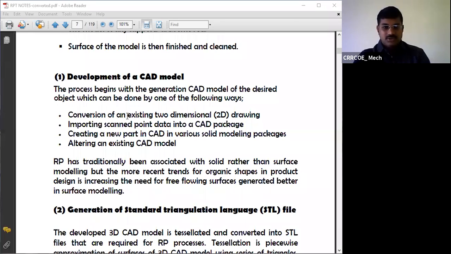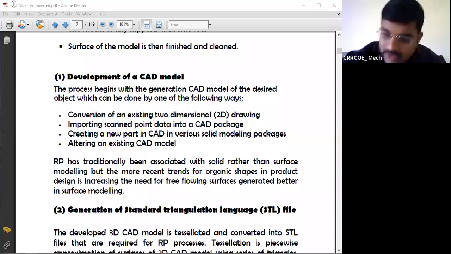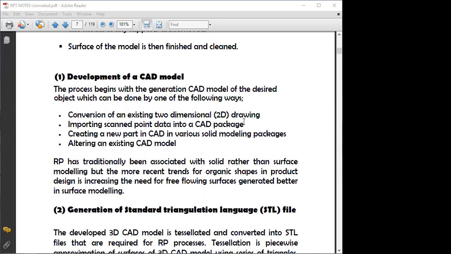That is conversion of an existing two-dimensional drawing, so 2D to 3D. Basically, previously the 2D drafting works, that is two-dimensional drawings for different small components, or you have practiced in your drawing sheet, we are going to transform into three-dimensional parts.